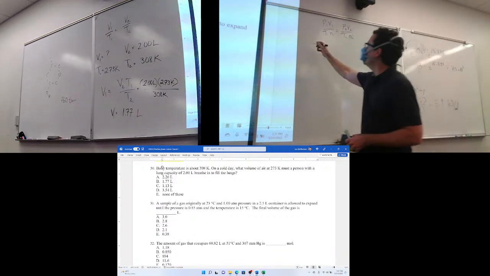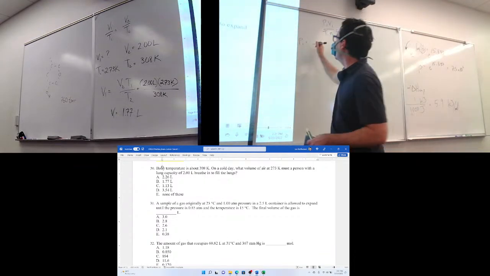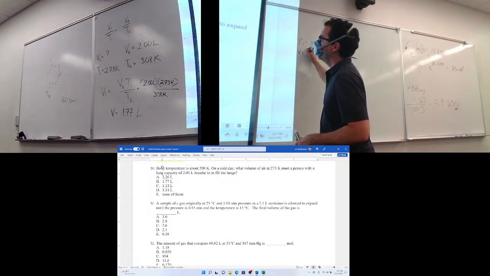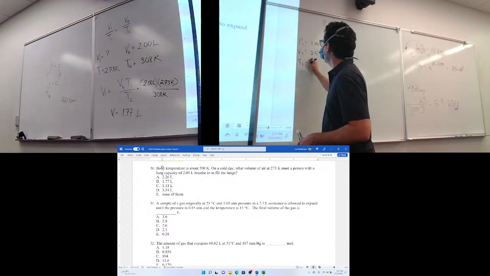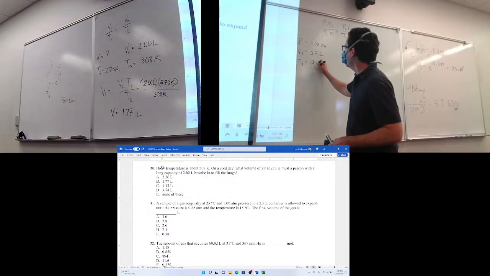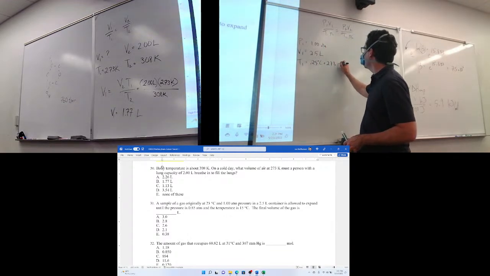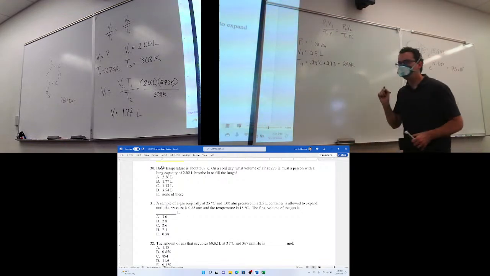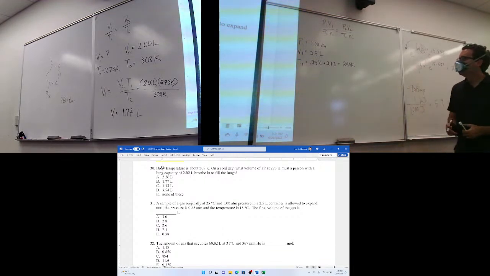So pressure 1, that's the starting pressure, is 1 atmosphere. The starting volume is 2.5 liters. And the starting temperature is 25 degrees C. So we'll turn that into Kelvin. I'm going to take some shortcuts. 298. It's 273.15 is the conversion, but we don't need the 0.15 because there's no decimals.